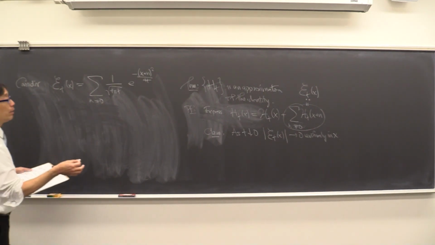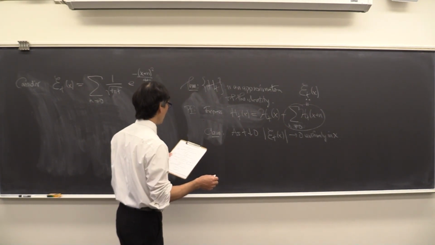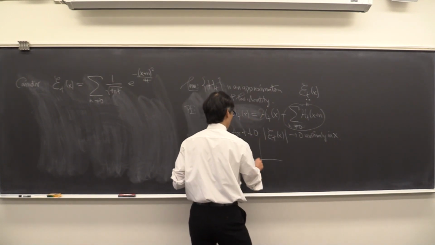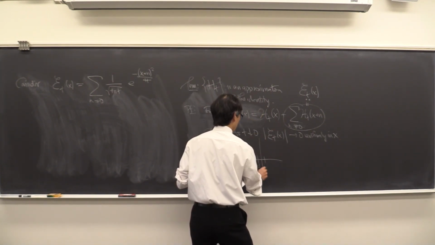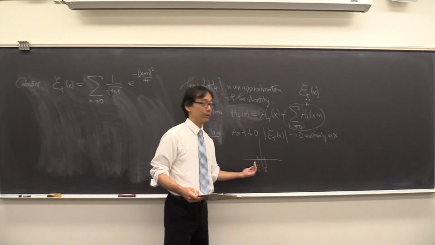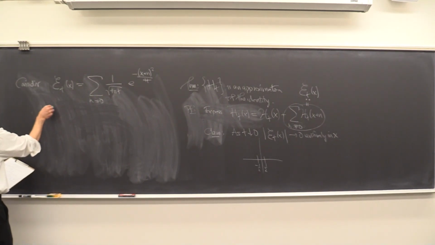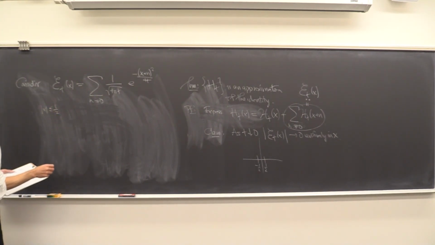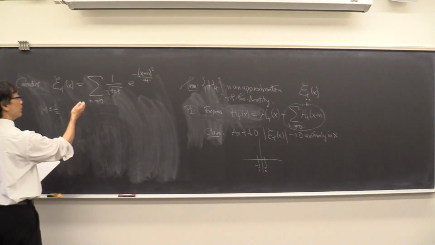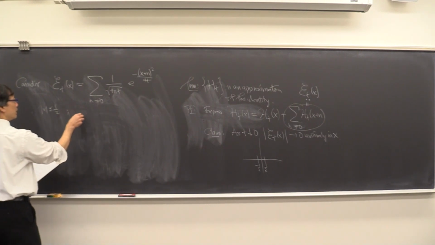Because we're on the circle, which is the unit interval from -1/2 to 1/2, x is small: x is smaller than 1/2 in absolute value. And n is in absolute value bigger than or equal to 1.